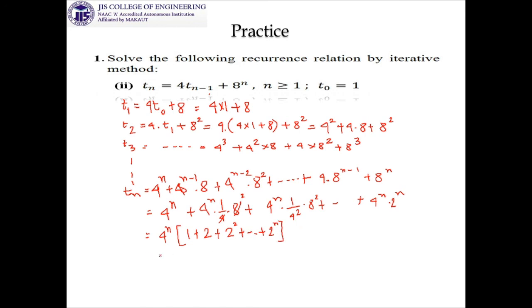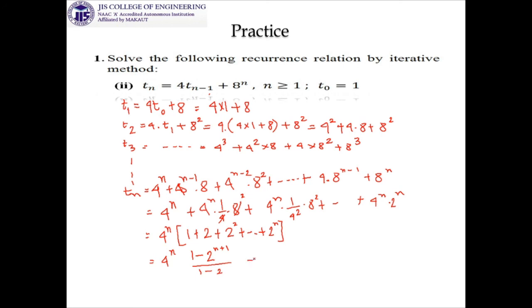So can I write it as 4 to the power n, and then it is again our known series like the previous one, and then we can write it as 1 minus 2 to the power n plus 1 by 1 minus 2.